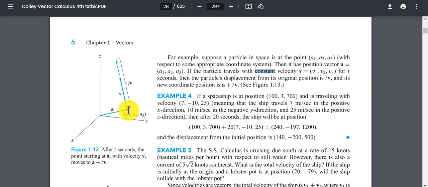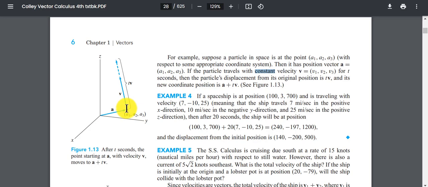So anyway, this has a certain speed, so we're going to draw a vector, the length of which is going to indicate the speed. So if we only drew it half as long, we'd be saying it wasn't going as fast. And remember, it's a constant speed, so it's always going the same speed. And then it also has a direction, of course. When it's moving, it has a direction.